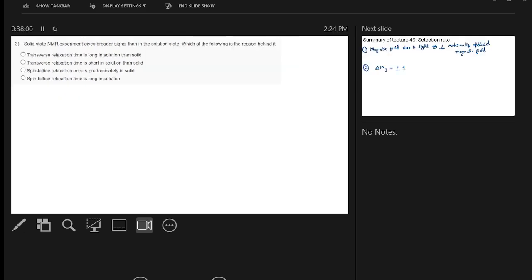So coming to the next question. A solid state NMR experiment gives broader signals than in the solution state. Which of the following is the reason behind it? The time required for the transverse relaxation, the spin relaxation, in the solid state is much smaller.